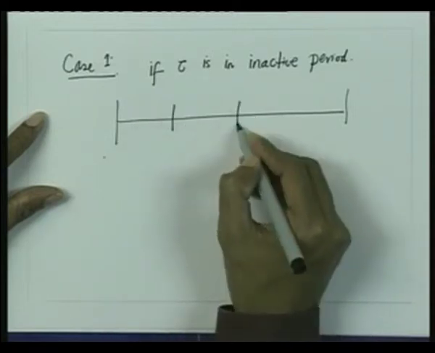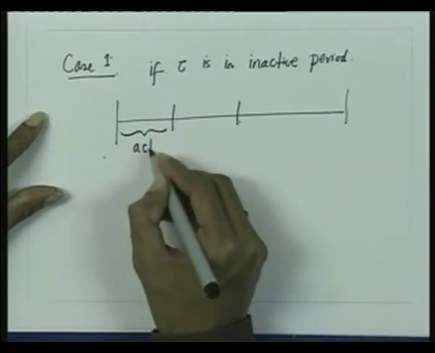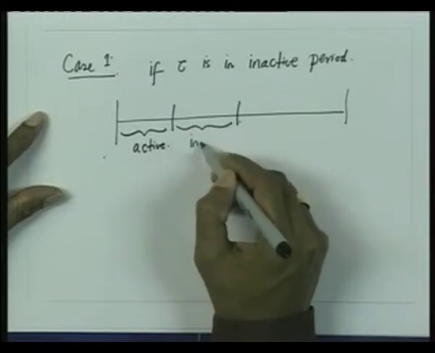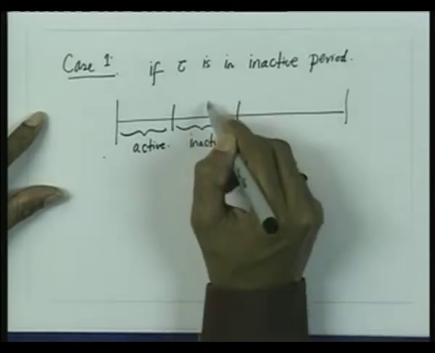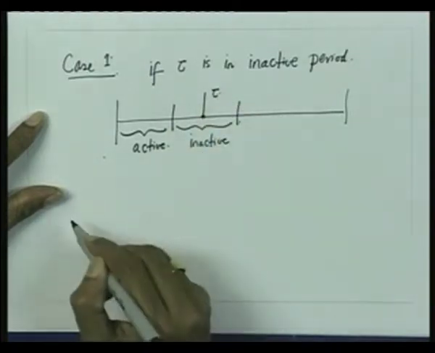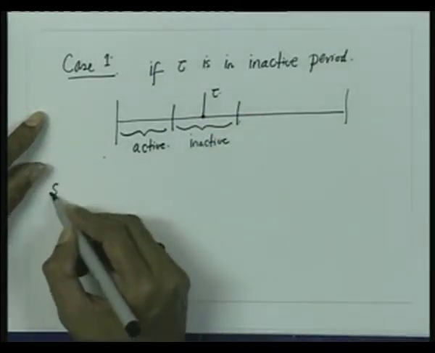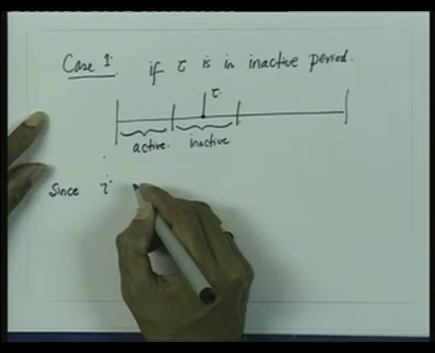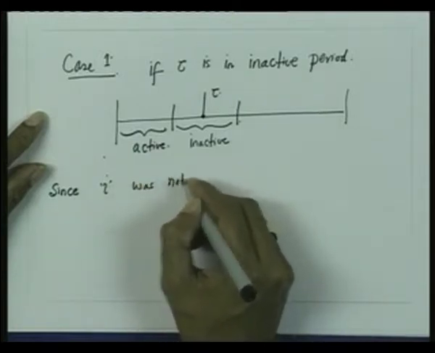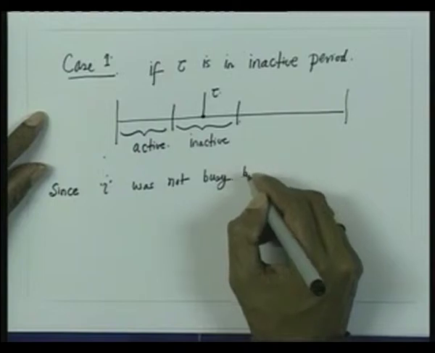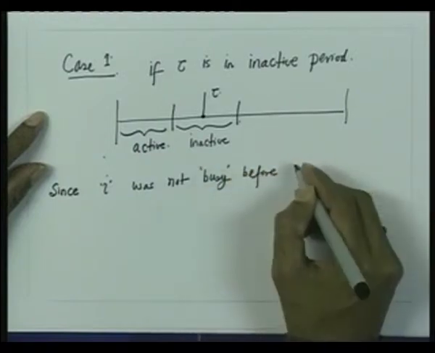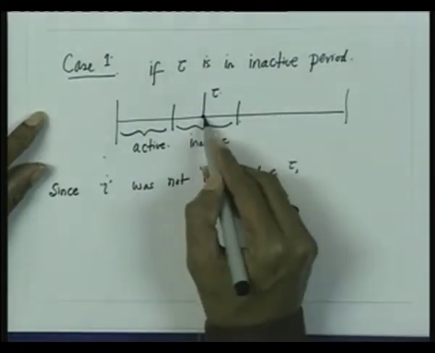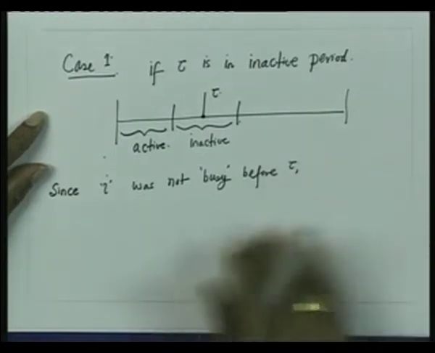So this period is active and this period is inactive. Let us say that tau is here. Now since session i was not busy before tau, and the session becomes busy at tau, then a packet must have arrived.